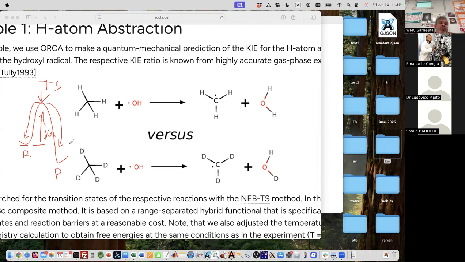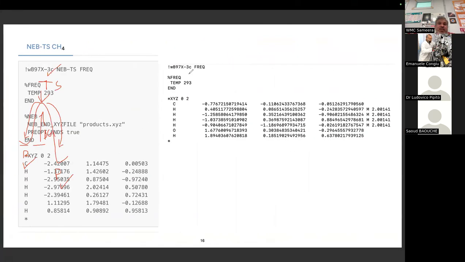So we don't need to repeat all computations, the NEB calculation again. You just replace hydrogen by deuterium and then perform the frequency calculation. That's enough. You can do it for the reactant, transition state, and the product. You simply run the frequencies calculation, okay?